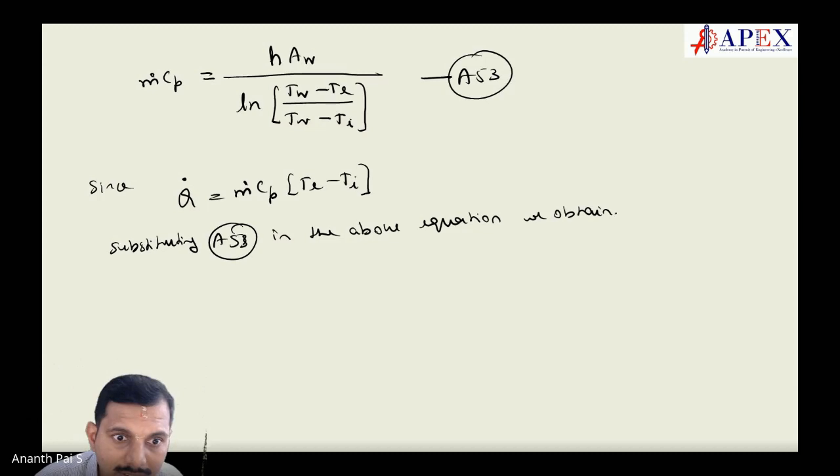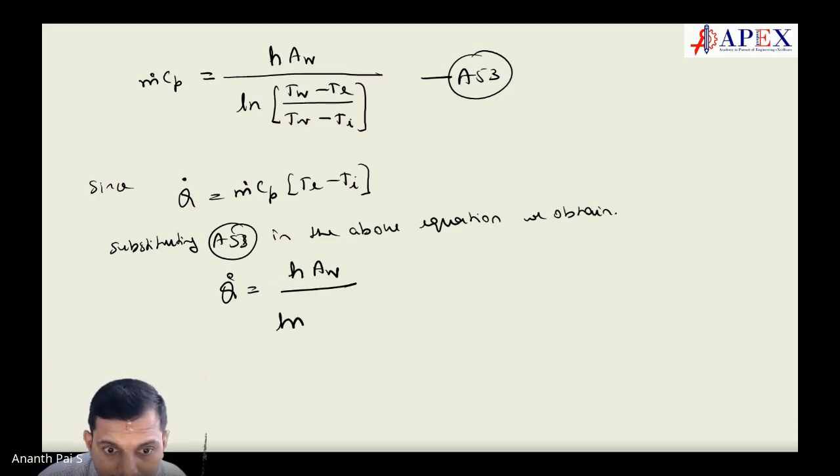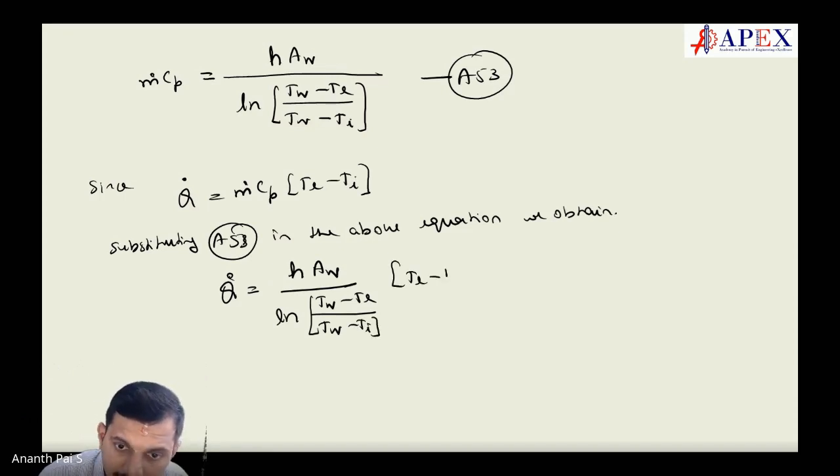I can write this as q dot is equal to m dot cp. Instead of m dot cp we'll write h into aw divided by log of tw minus te divided by tw minus ti, into te minus ti.